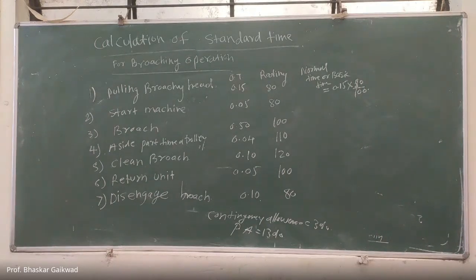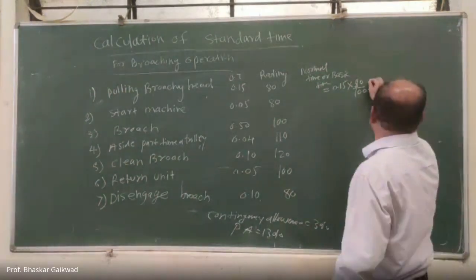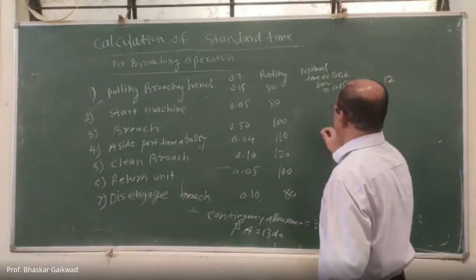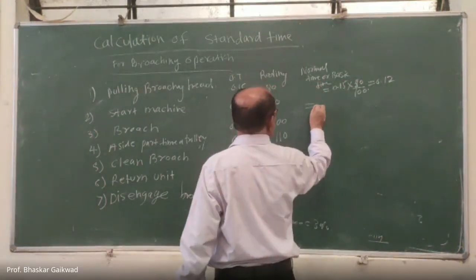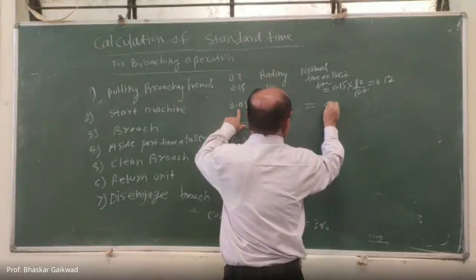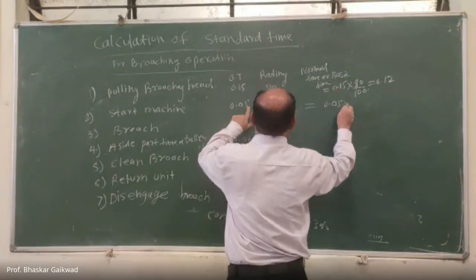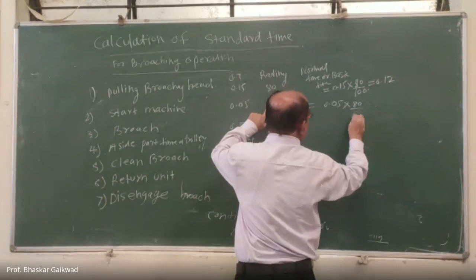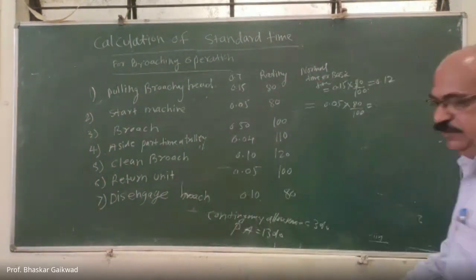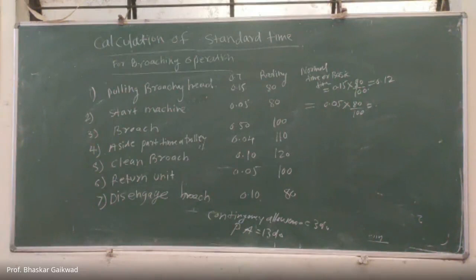How much is this? So here is 0.12. So normal time, that is the 0.12. Similarly for here, 0.05 into 80 divided by... how much? 0.04.